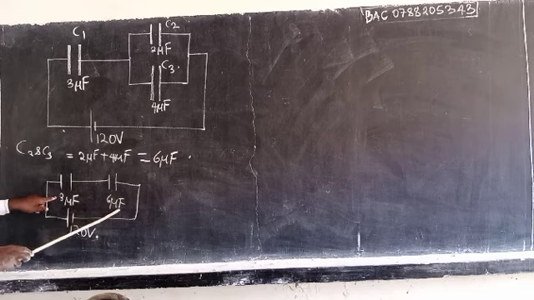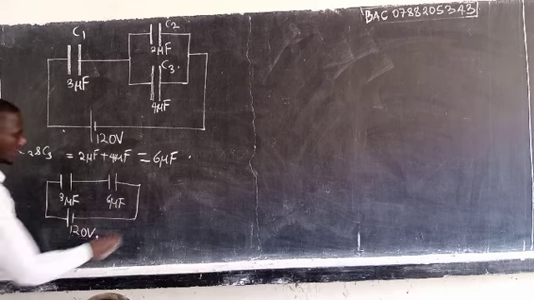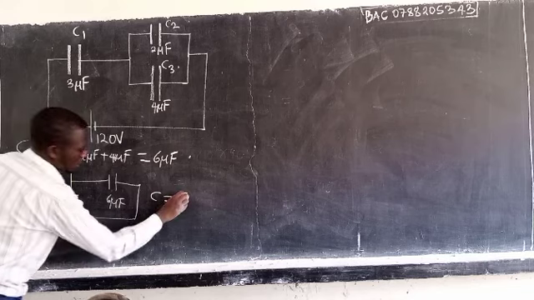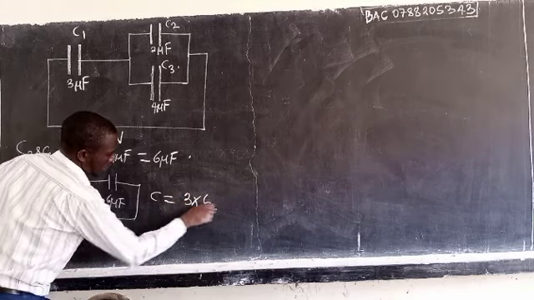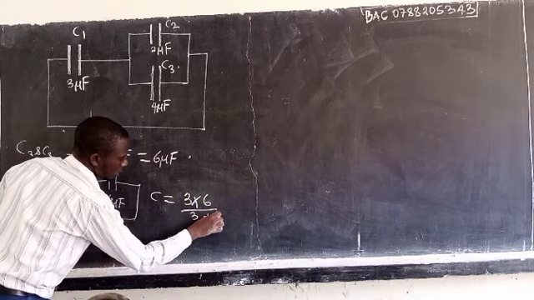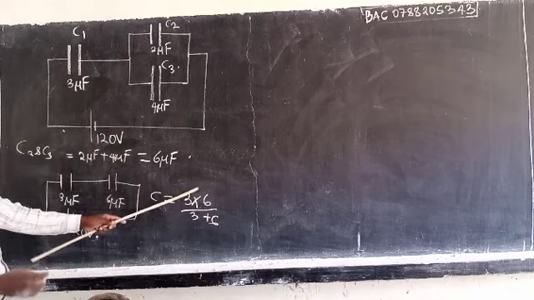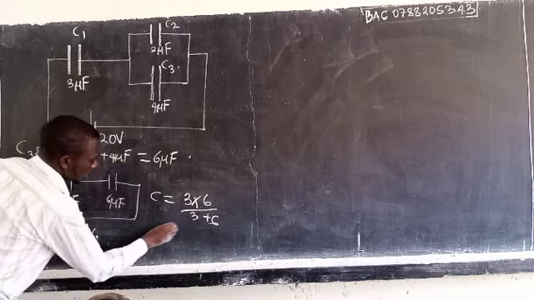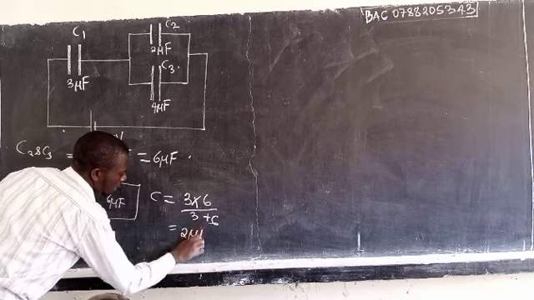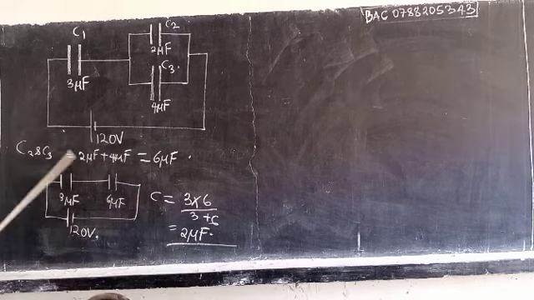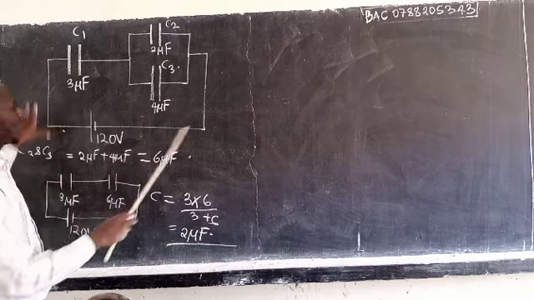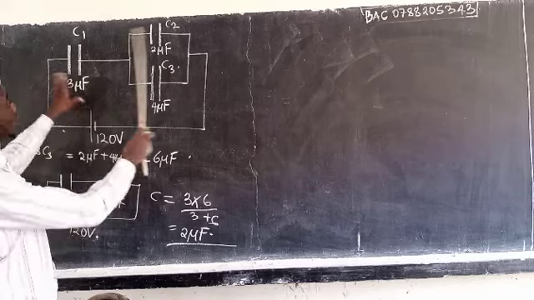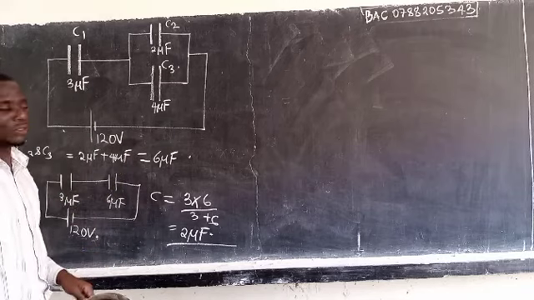These are in series. So the effective of this will be the product out of sum. This will be 18 out of 9, and this will give us 2 microfarads. So the effective capacitance of this arrangement is actually 2 microfarads.